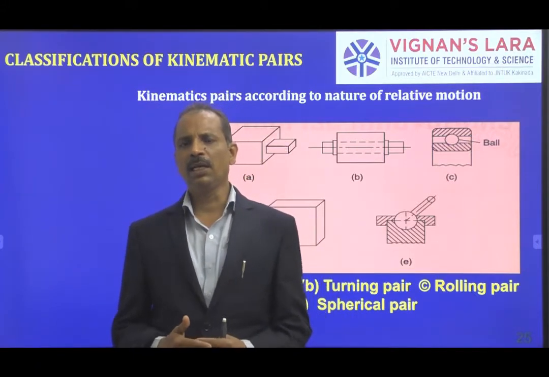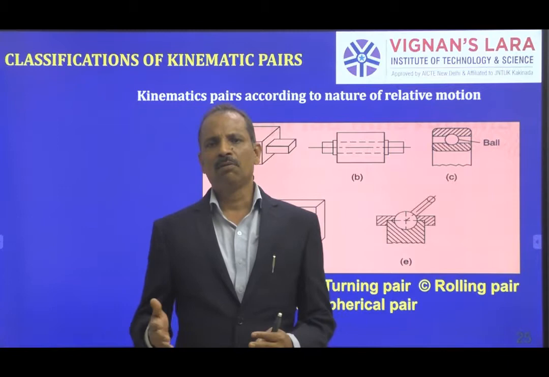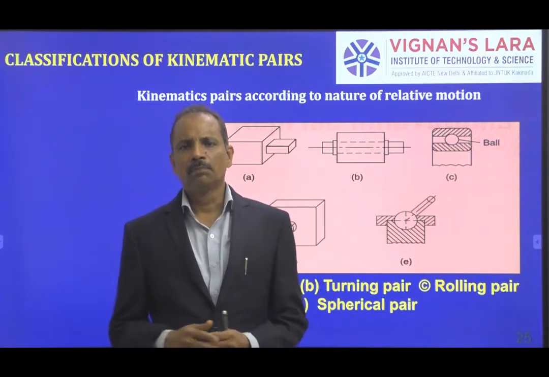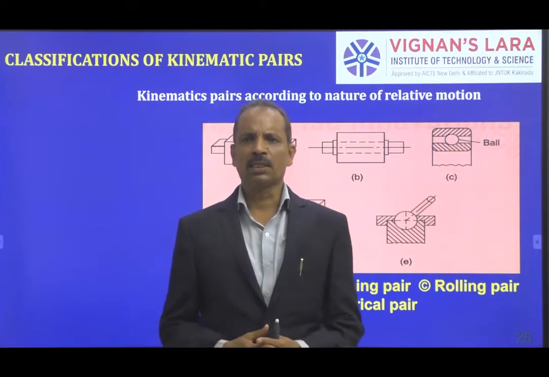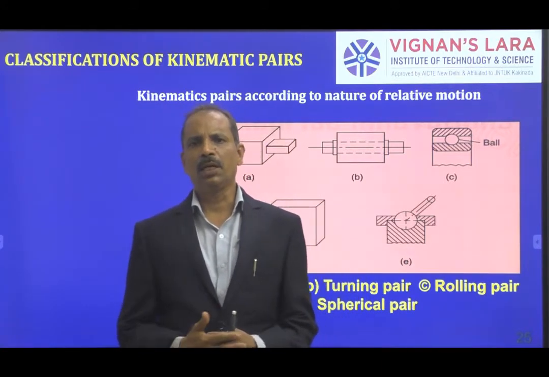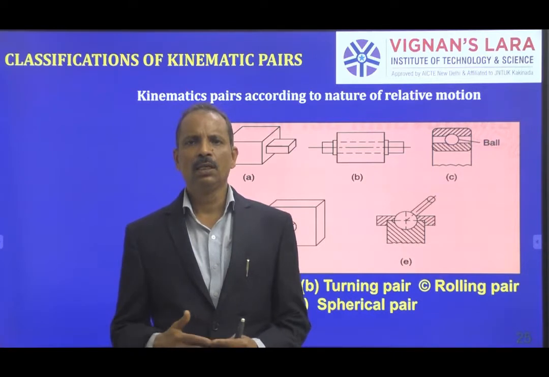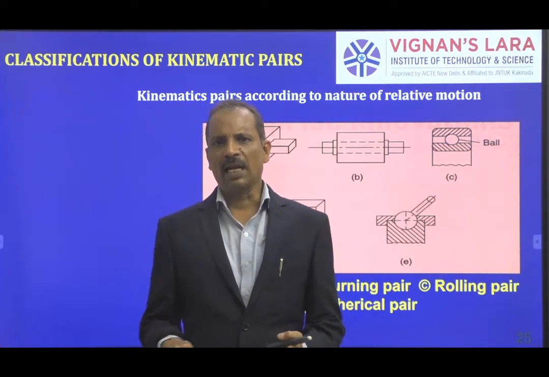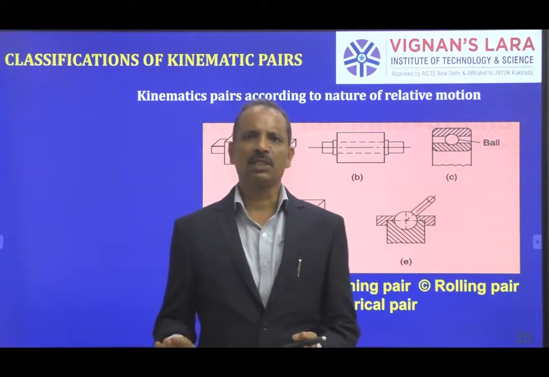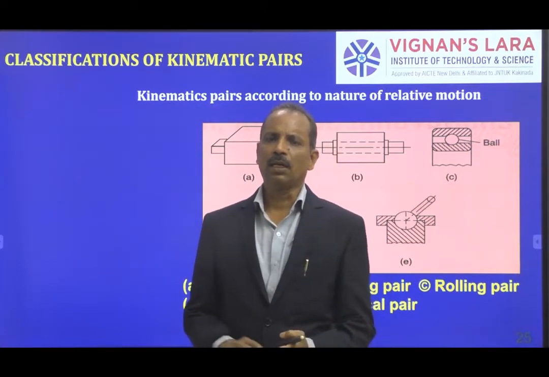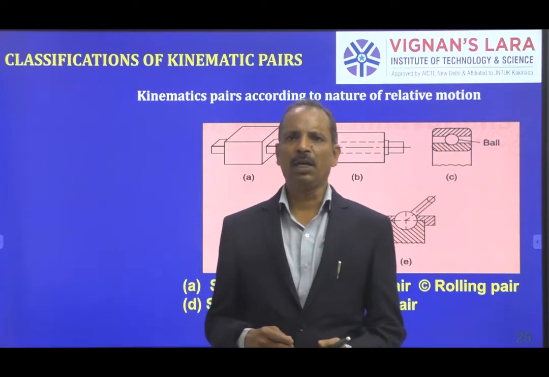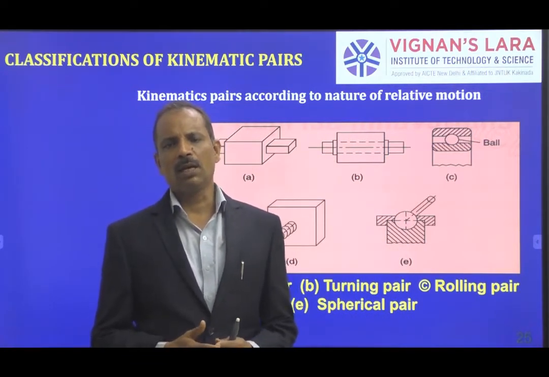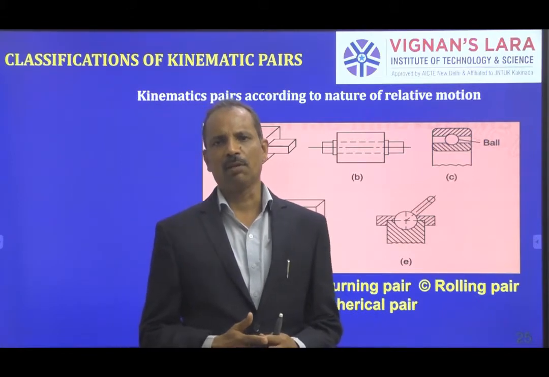We have seen examples like a piston in a cylinder, where the complete surface area is in contact, a machine tool carriage on the guideways, and a shaft in a journal bearing. So those are the classification into lower and higher pairs.